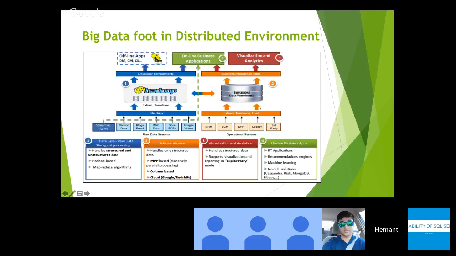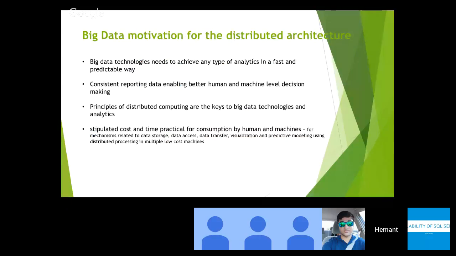Now, I've already set up the motivation for distributed architecture, but I'll reiterate why big data is more motivated for distributed architecture. Big data technology needs to achieve any type of analytics in a fast and predictable way, and that's the main reason.